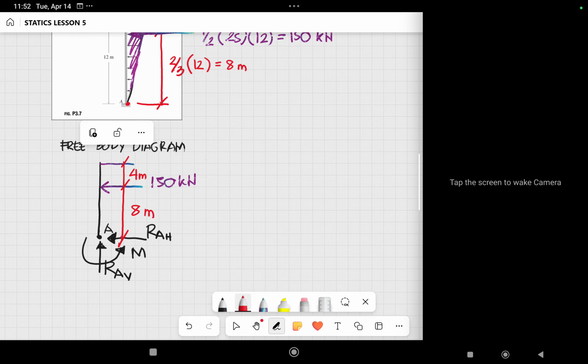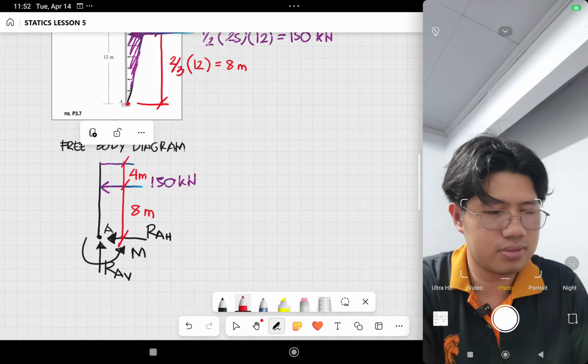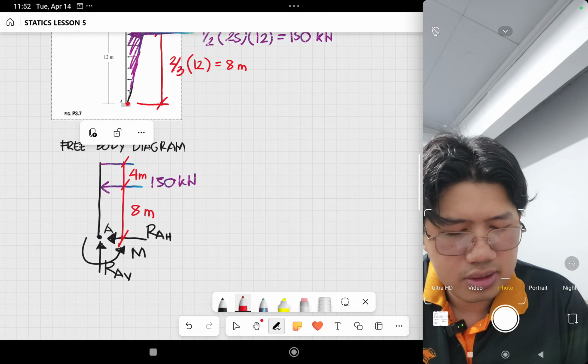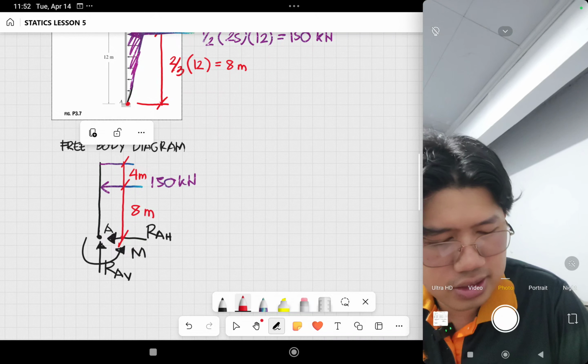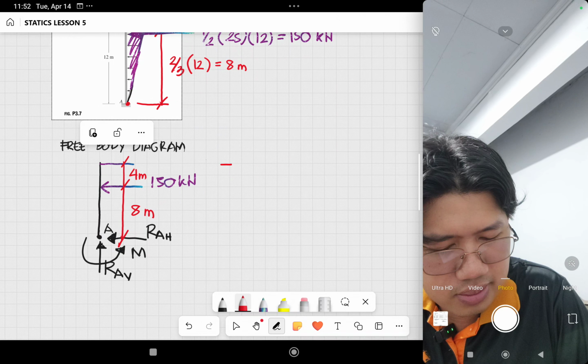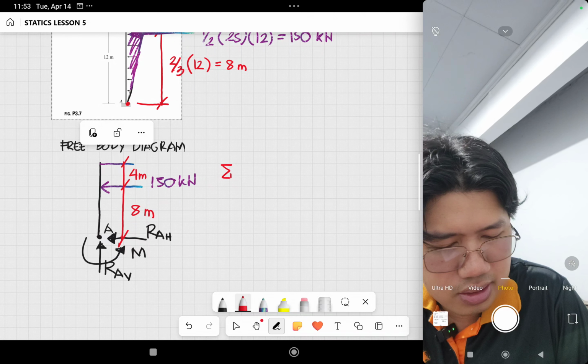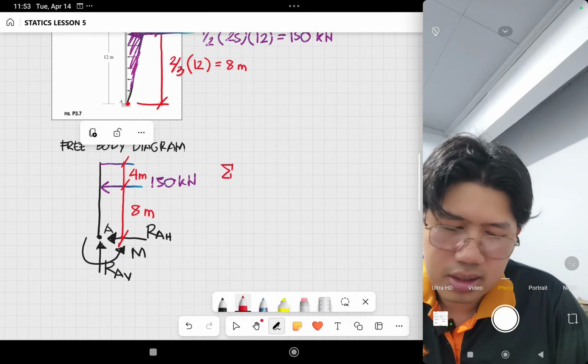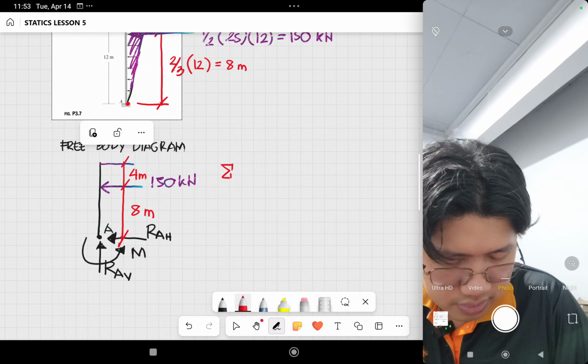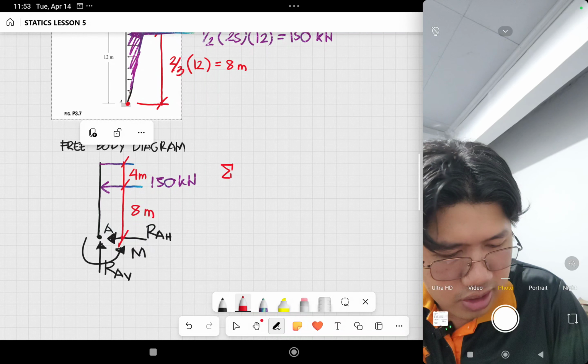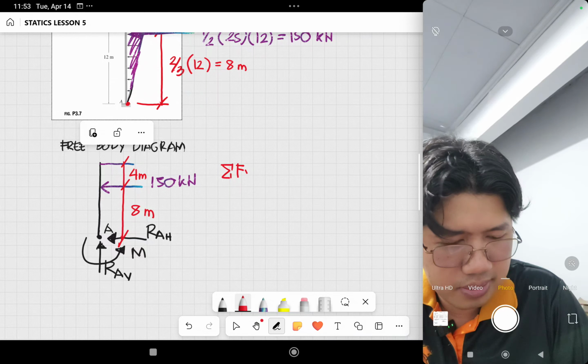Okay, so let's take summation moment muna. In this case, pwede ka din mag-summation Fy muna. Bakit?